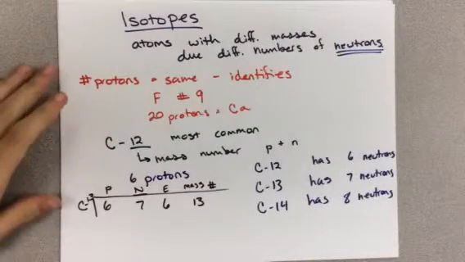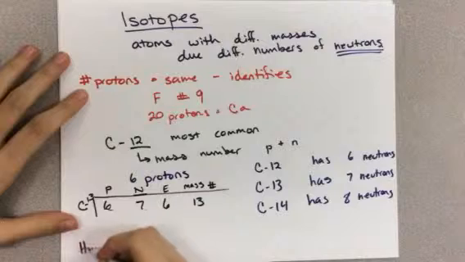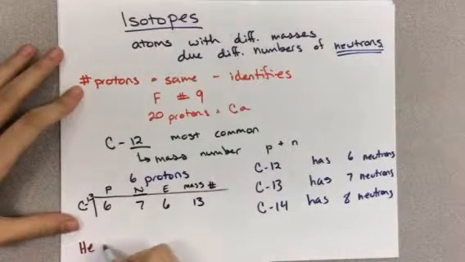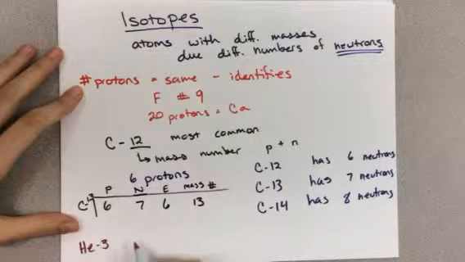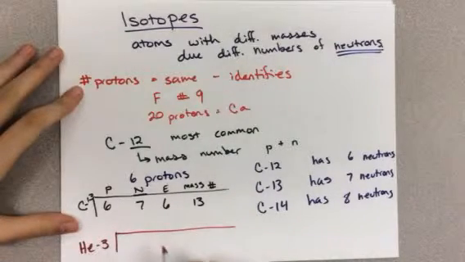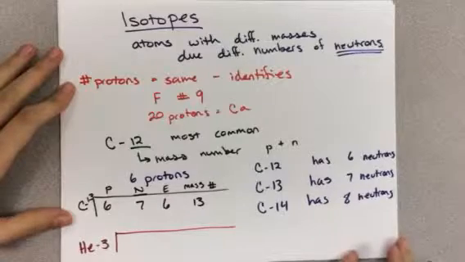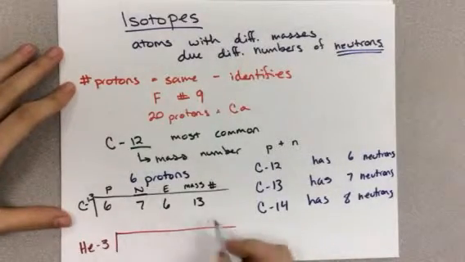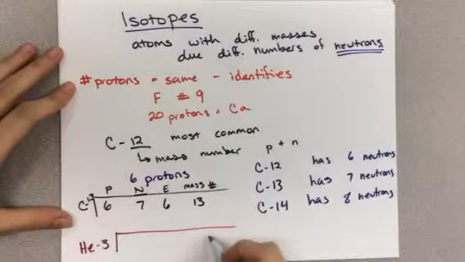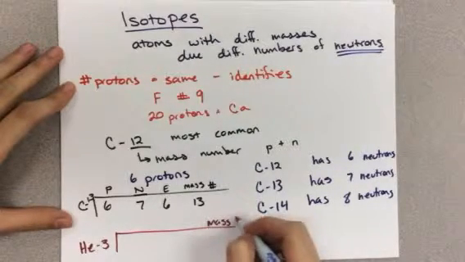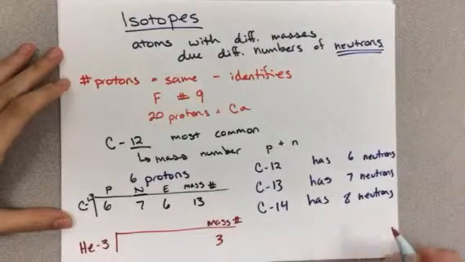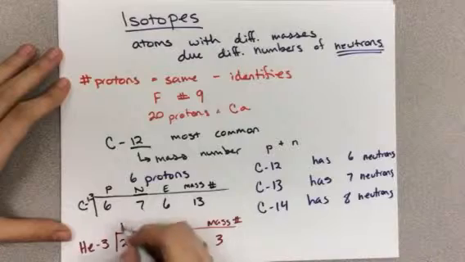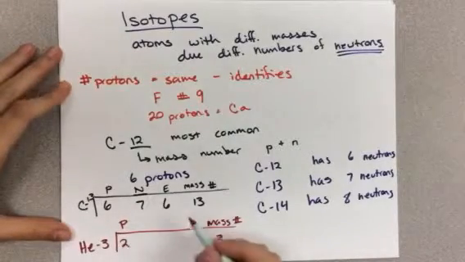Let's look at another example, helium. If I tell you that I have helium-3, and now you have to give me the number of protons, neutrons, and electrons in addition to the mass number of helium-3. Well, the 3 tells me the mass number. So it has 3. According to the periodic table, helium has 2 protons. That is always true, otherwise it's not helium.